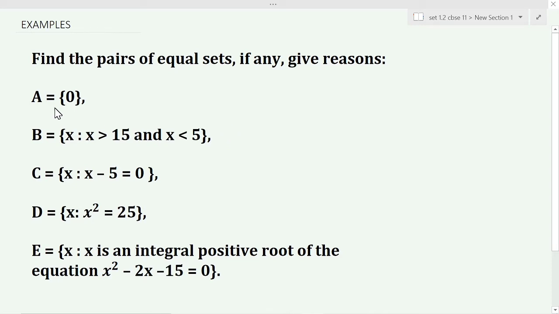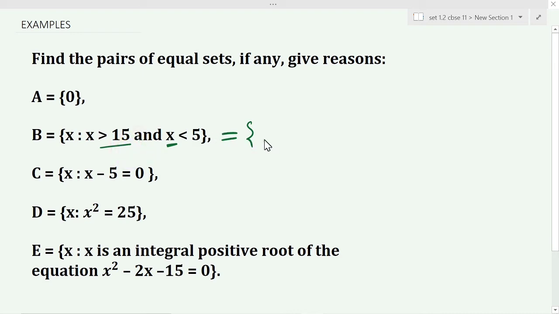So A contains only one element, that is 0. It is in roster form. Now B is in set builder form, so we change it to roster form. B equals {x such that x greater than 15 and x less than 15}, but we cannot get any value of x such that x is less than 15 and x greater than 15.